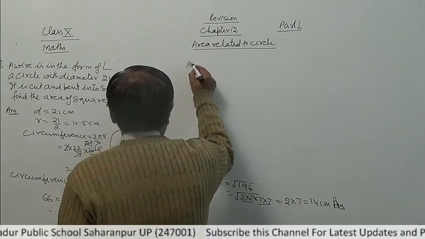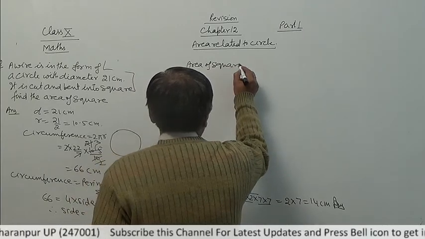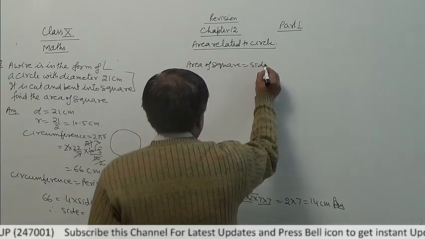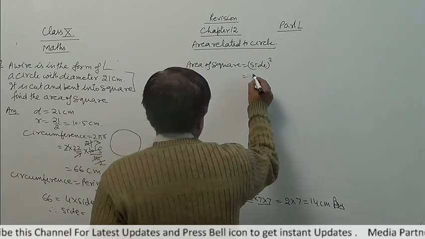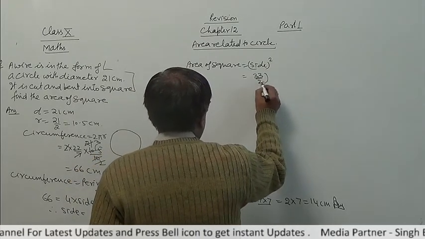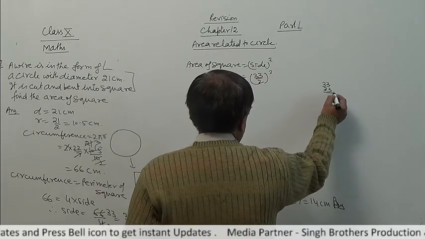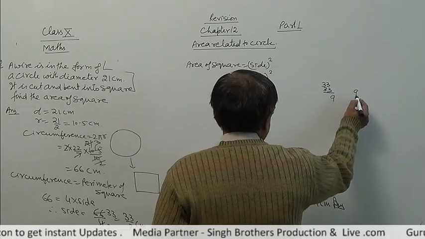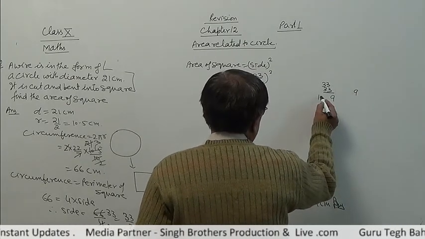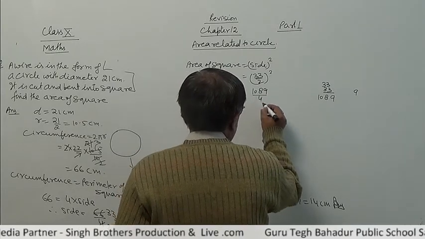Area of square is equal to side square. Side is 33 upon 2 square. So 33 into 33 is 1089 upon 4.